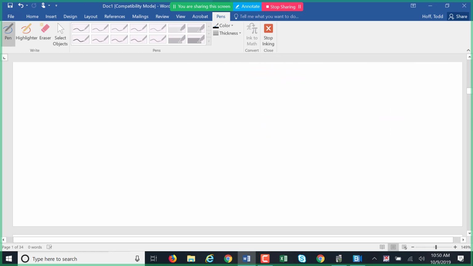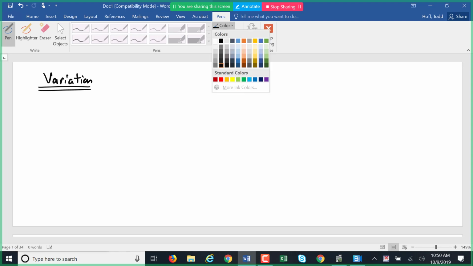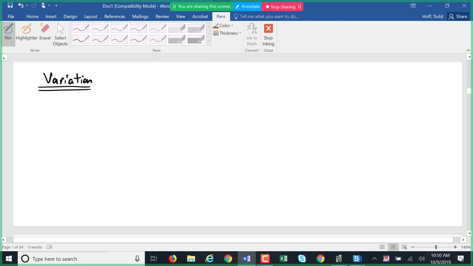Okay, so enough on the inequalities. We're going to shift gears here a little bit, moving on in chapter 3, section 3.7. We're going to talk about variation. Variation is a big concept in my world.